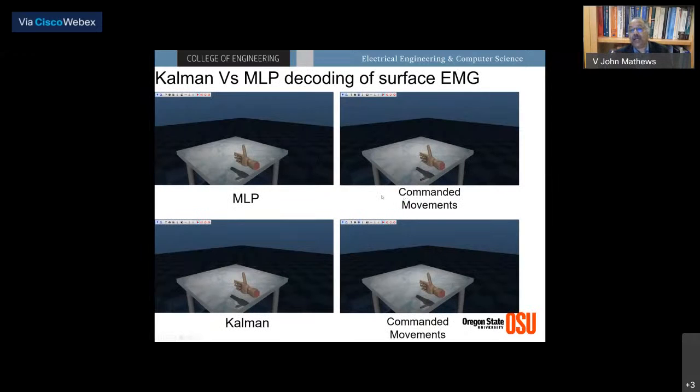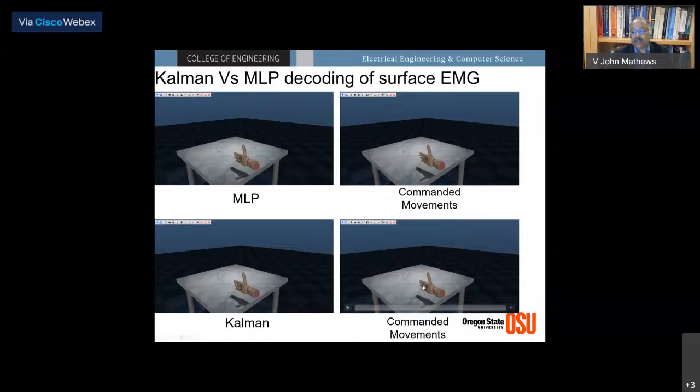So let me just show you how this behaves. Again, remember I told you that sometimes we work with virtual prosthesis, and sometimes we work with actual prosthesis. This one was with virtual prosthesis. I'm going to show you how the Kalman filter followed commanded movements. Here, it's commanded movements.